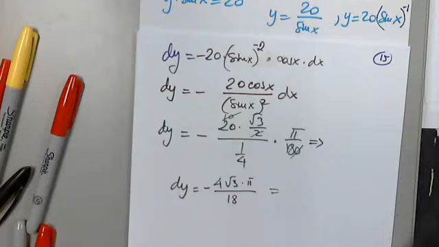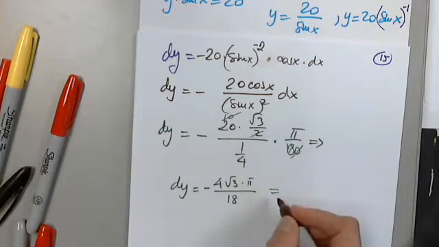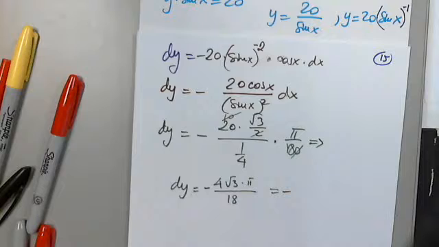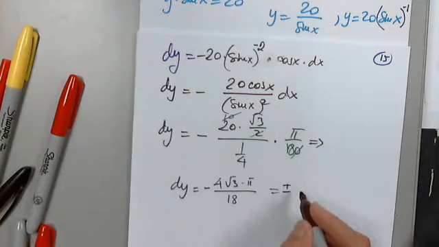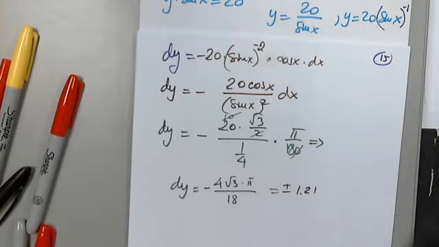Any questions? So 4, the square root of 3, times pi, and divide by 18. And it's negative. It's positive or negative. So it's approximately 1.21, positive or negative, because we can put plus or minus 1, right?